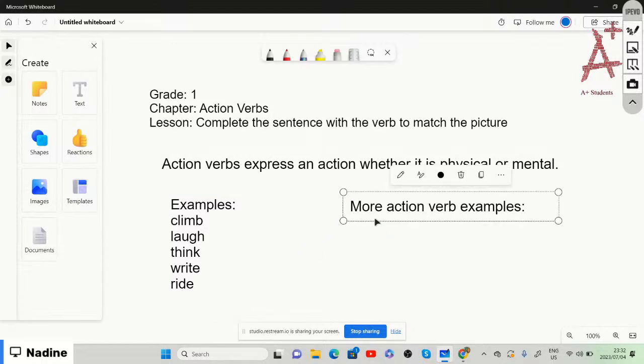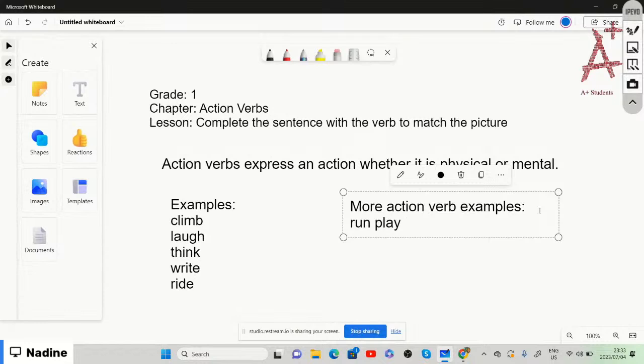So now, can you think of more action verbs, right? More verbs. All right, so if we were to think of more verbs, then maybe we can say run is another verb, right? So run is a verb. We also mentioned play as a verb.